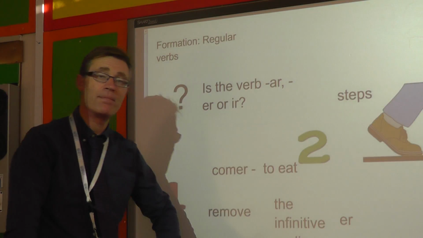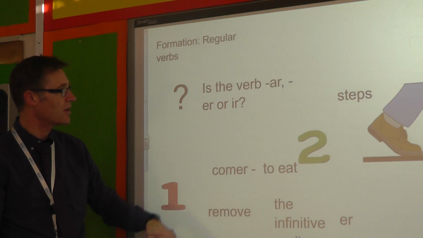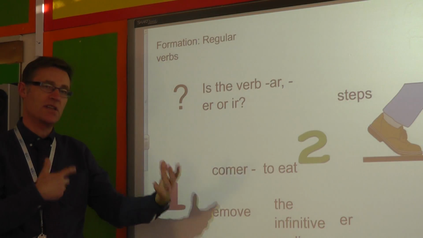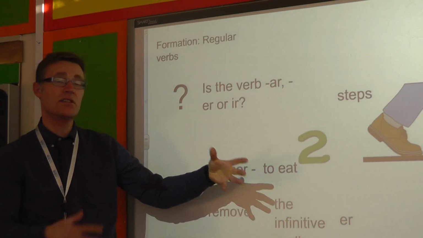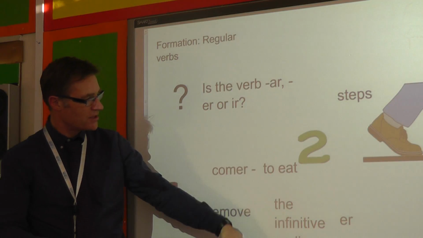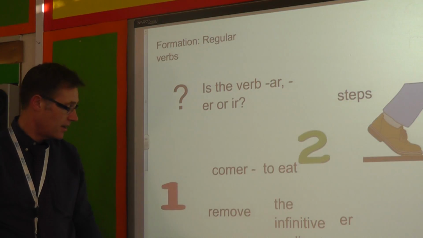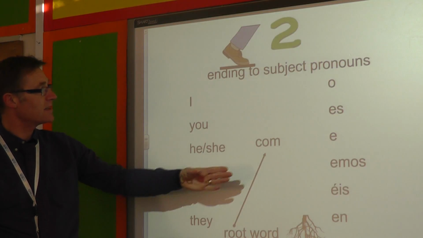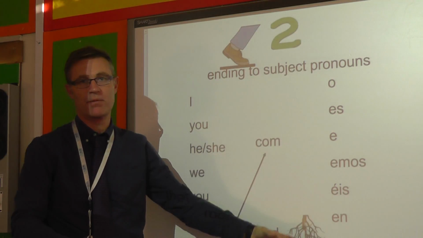For an ER verb, the process is exactly the same. So we ask ourselves the question, is it ER, IR, or AR? Well, this one's an ER verb, we've got comer, to eat. We remove the infinitive ending, the ER comes away, and then we add to our root word, com, these subject pronouns.